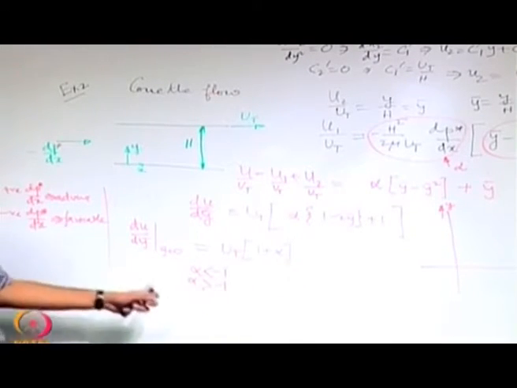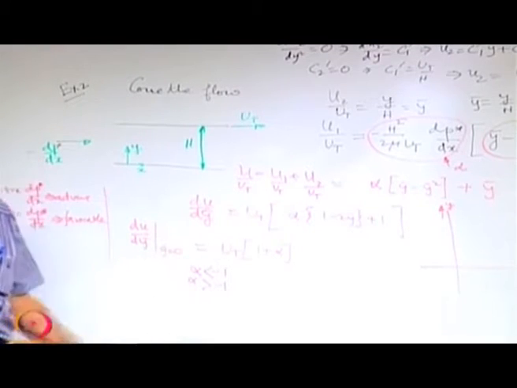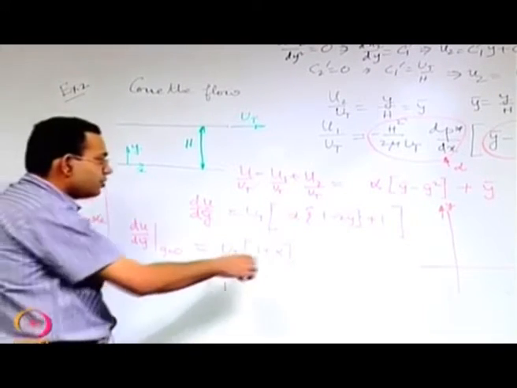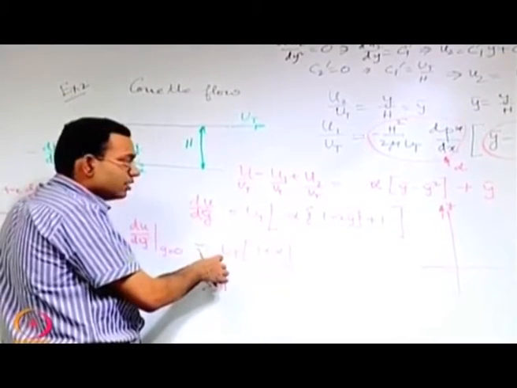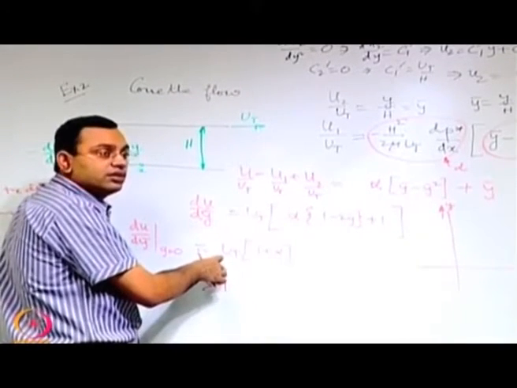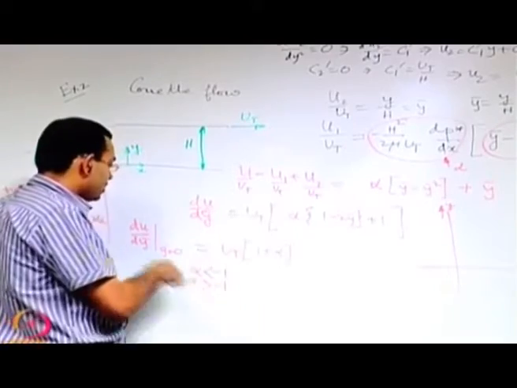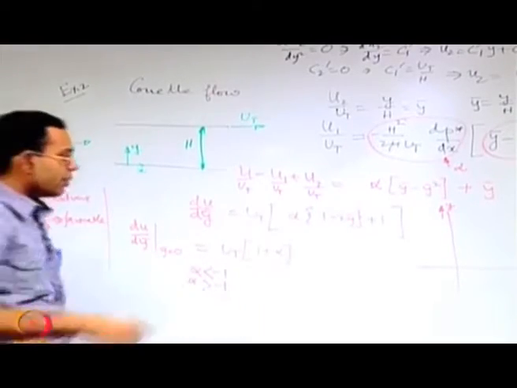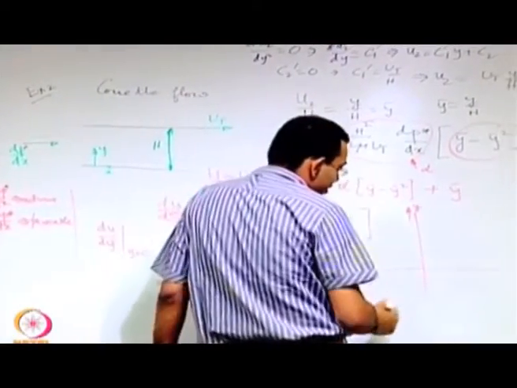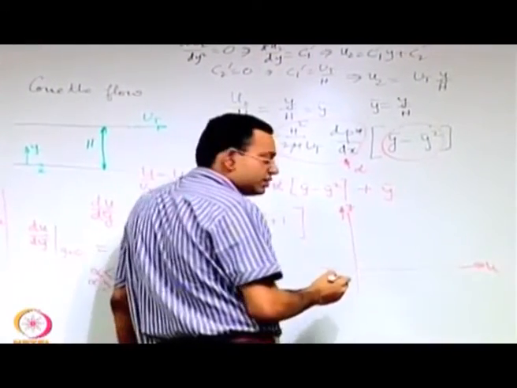But if you have alpha less than minus 1, let us take an example, say alpha equal to minus 2. This is minus ut in a non-dimensional form, of course.